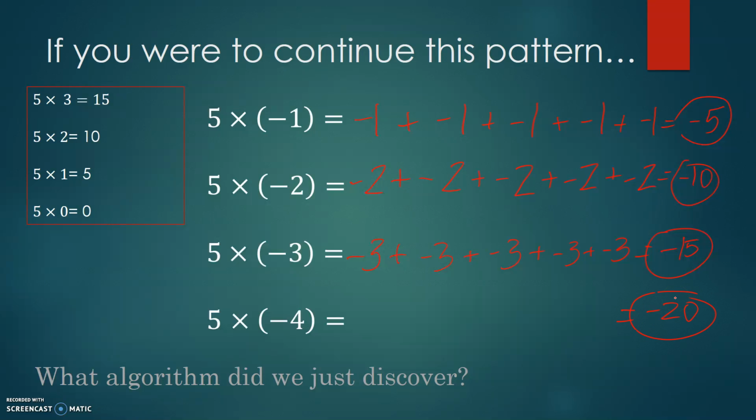What algorithm did we just discover? Well, with all of these examples, we're multiplying a positive value times a negative value, and in each case, our product is a negative one.